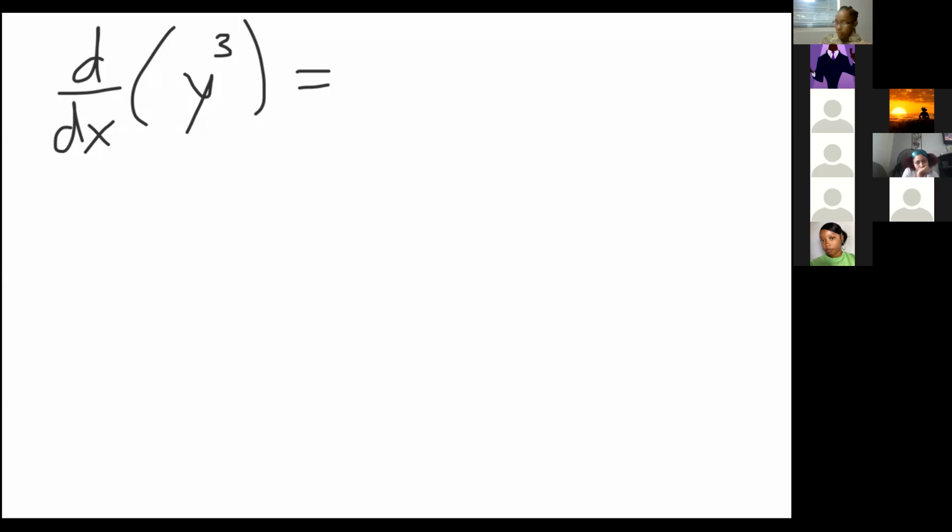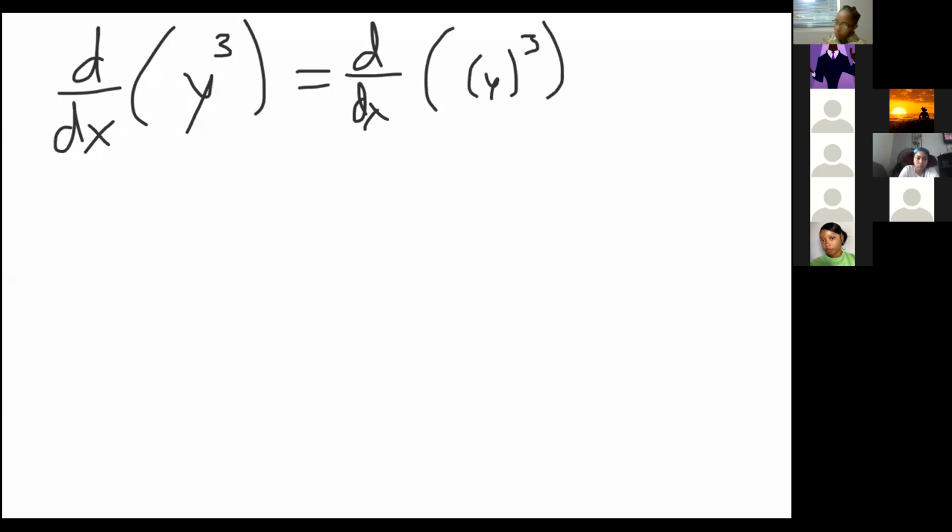So, again, when we're taking the derivative with respect to one variable and we have a different variable, we have to apply chain rule. We have this underlying assumption that our variables are related, that y does change in a particular way with respect to x. So I would see this as d over dx of a function cubed, which means I have to apply chain rule.